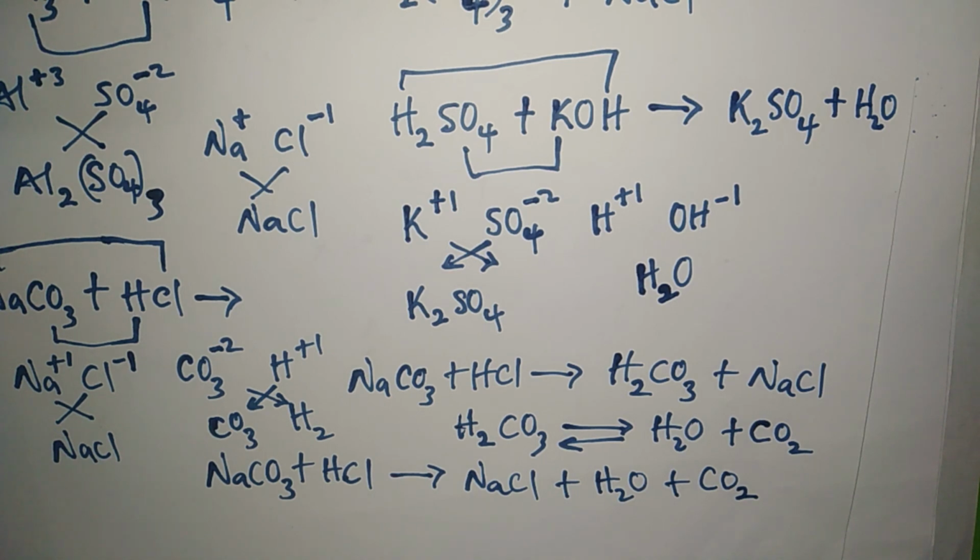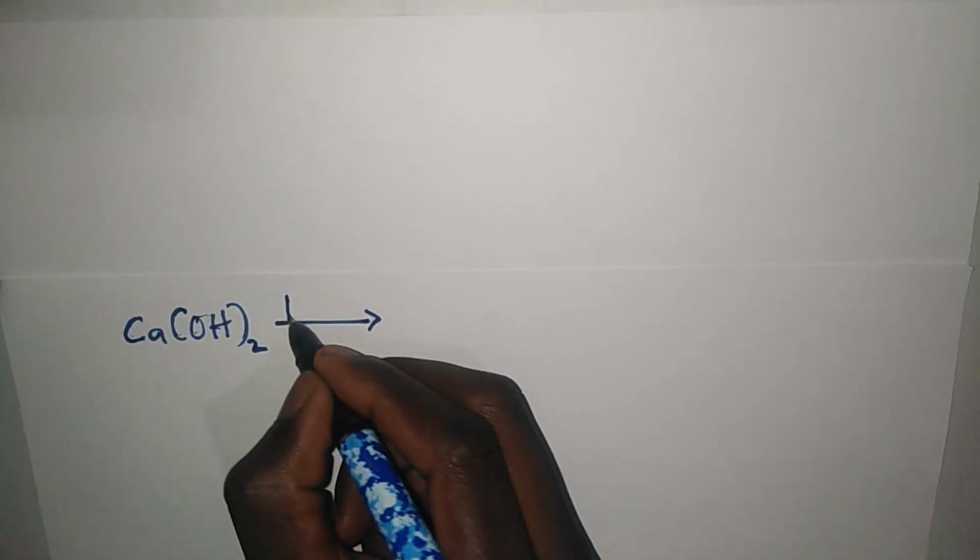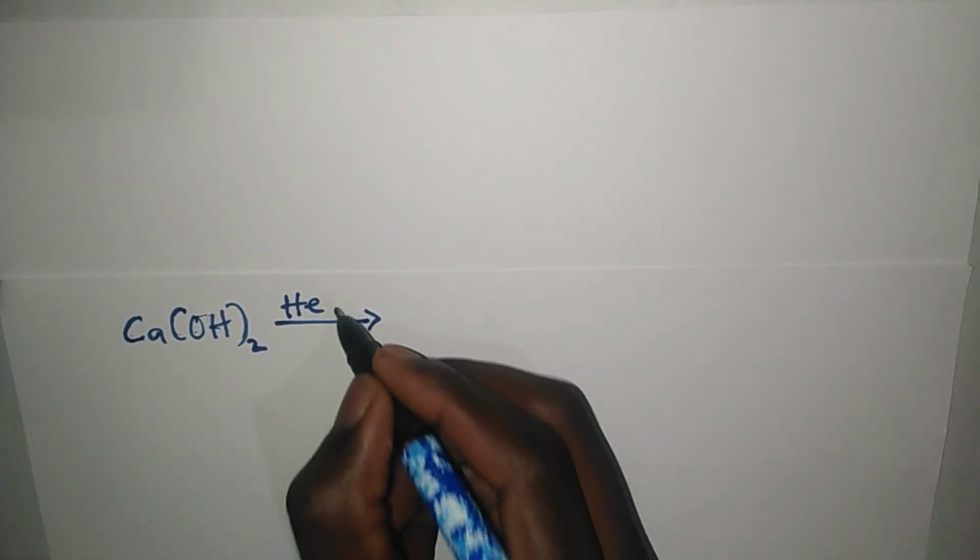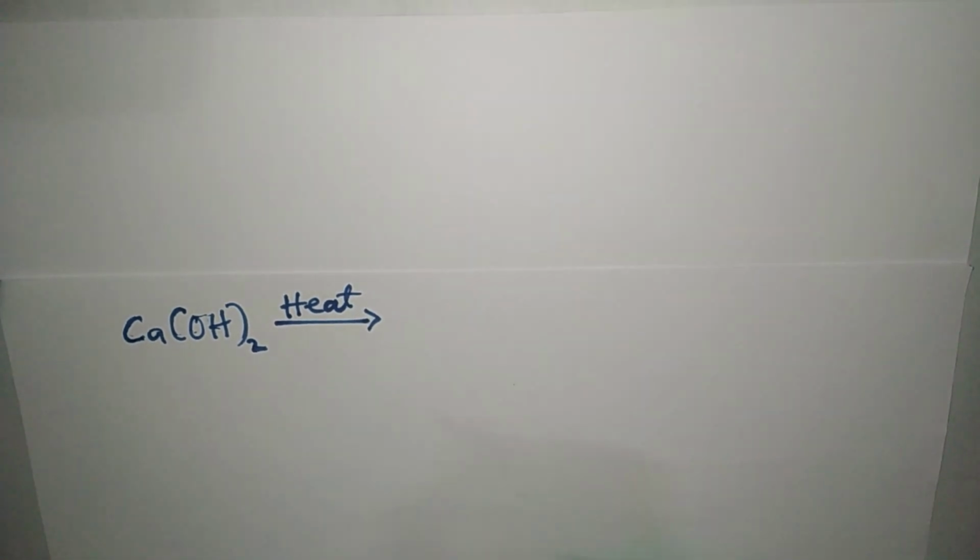So you go ahead and balance it if it's not balanced. Let's say we have calcium hydroxide. Then we have heat. How do you predict the product of this particular reaction?